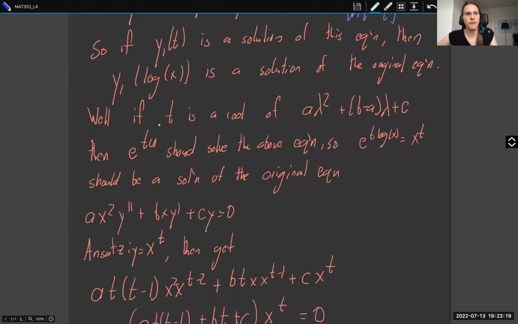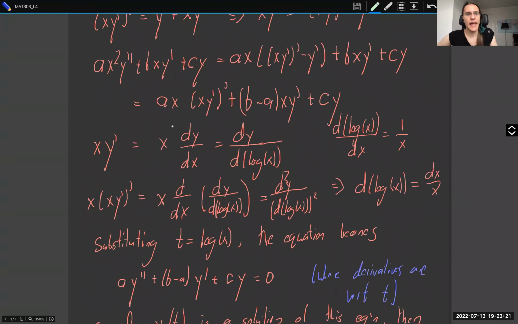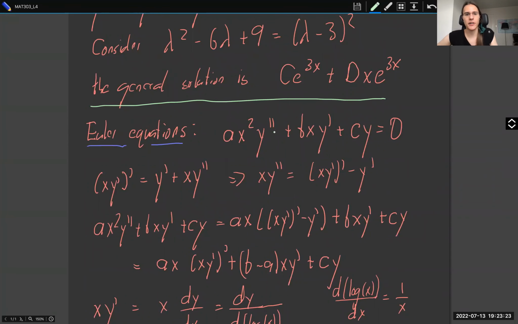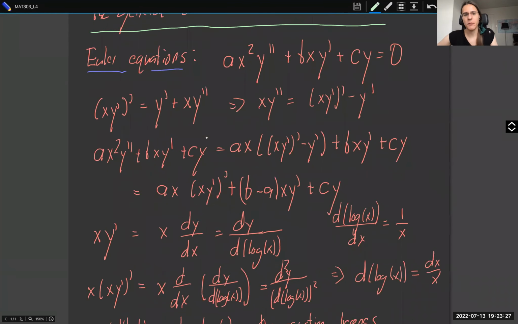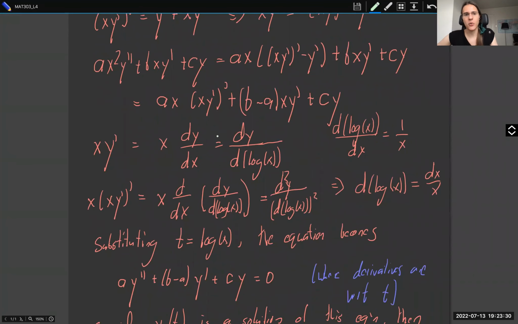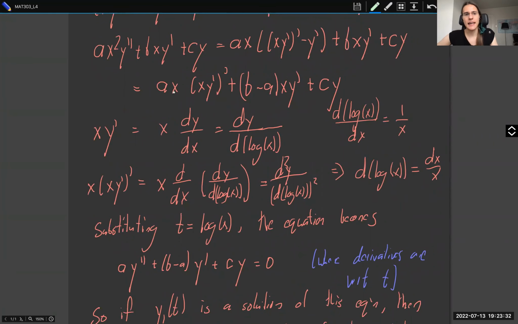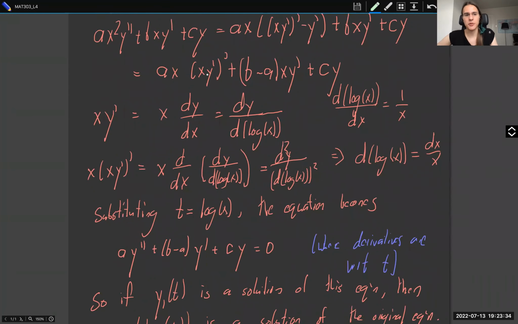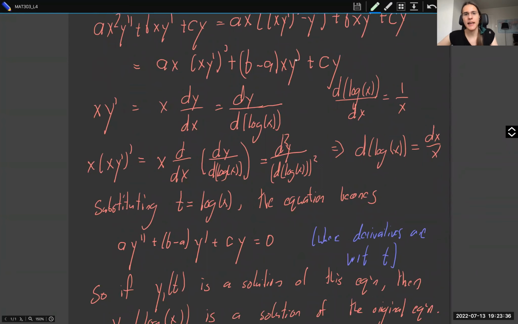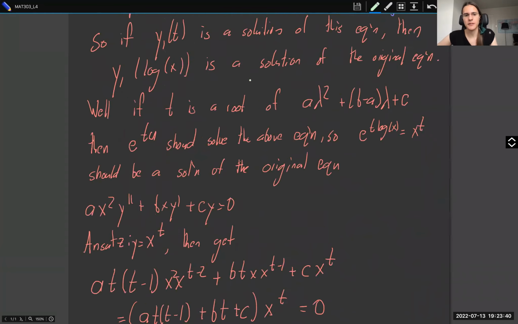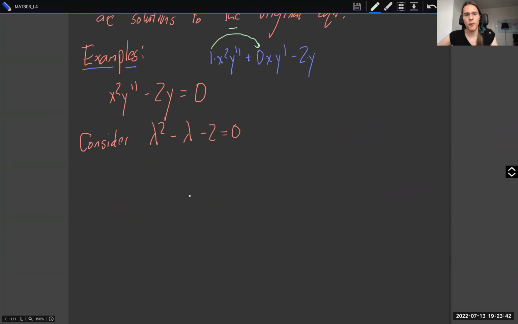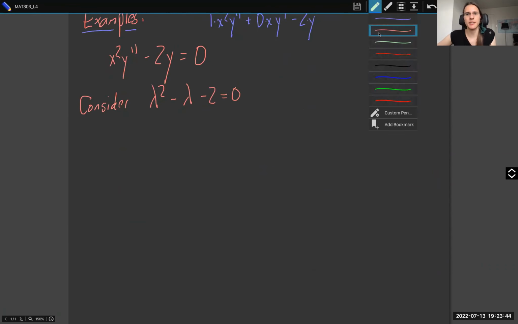When we started with this equation, a x squared y prime prime, b x y prime, c y, we rearranged it to get the equation a, b minus a, and then c. So b changed to b minus a. That's the key point. So this is the polynomial that we consider when working with this equation.